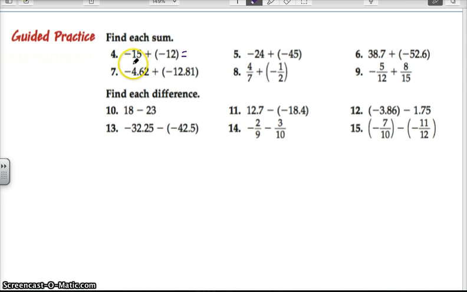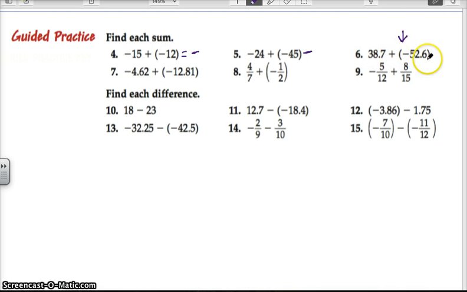If I'm adding a negative 15 and a negative 12, my answer is going to be negative, and I'm just going to add. If I'm adding a negative 24 and a negative 45, the answer is negative, just add. If I'm adding 38.7 and a negative 52.9, the answer will be negative because, now I know negative 52 isn't bigger than 38.7, but it has the greatest absolute value.